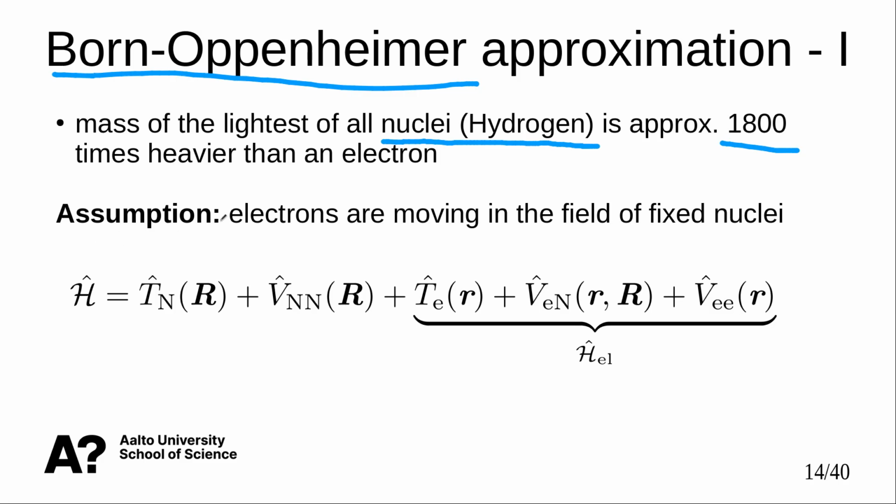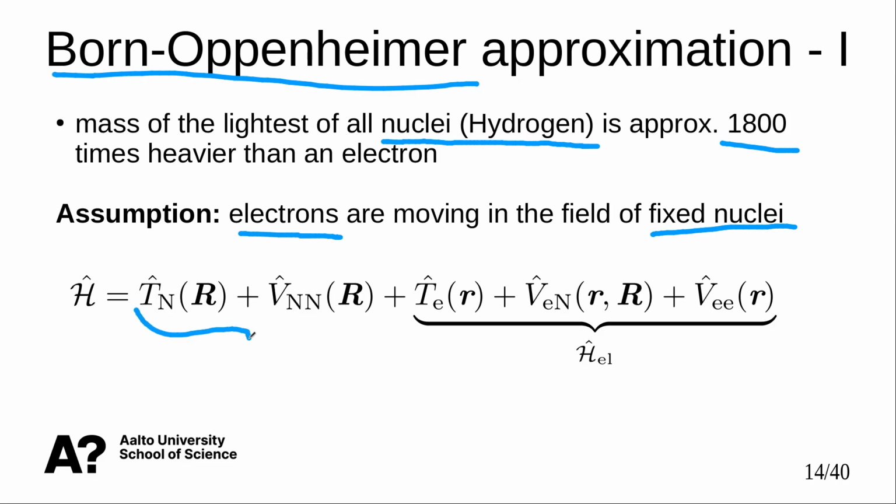So the assumption of the Born-Oppenheimer approximation is that the electrons are moving in the fixed field of the nuclei. What does it mean in practice? Basically, when an electron is moving, the core doesn't realize something passed by. And for that reason, we can rewrite our Hamiltonian into basically two parts.